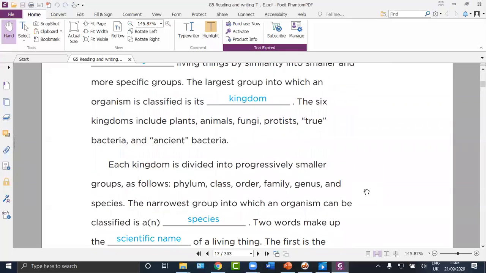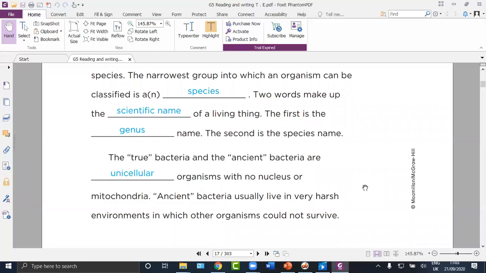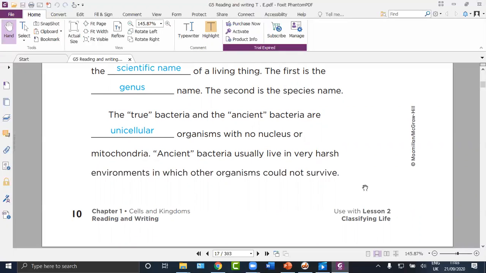Each kingdom is divided into progressively smaller groups as follows: phylum, class, order, family, genus, and species. The narrowest group into which an organism can be classified is species. Two words make up the scientific name of a living thing. The first is the genus name. The second is the species name. The true bacteria and the ancient bacteria are unicellular organisms with no nucleus or mitochondria. Ancient bacteria usually live in very harsh environments in which other organisms could not survive.